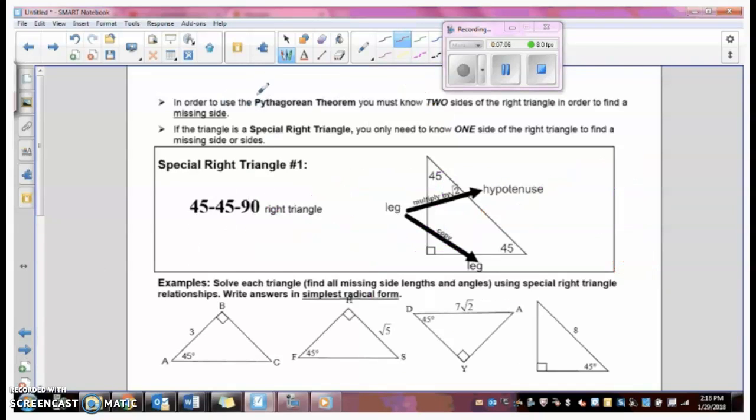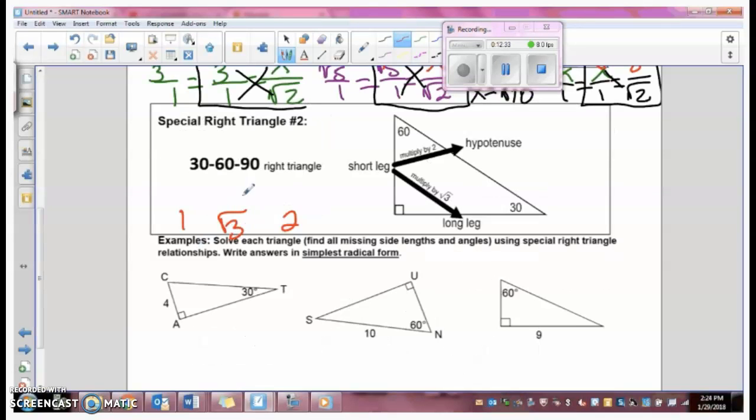So we have this handy graphic right here. For a 45, 45, 90, we're going to be taking the leg, and we multiply by the square root of 2, and you can see that for the 30, 60, 90 triangle, these are the steps that you have to take.